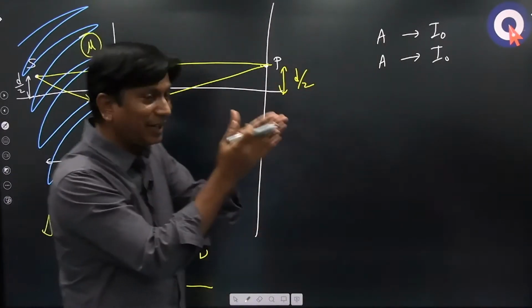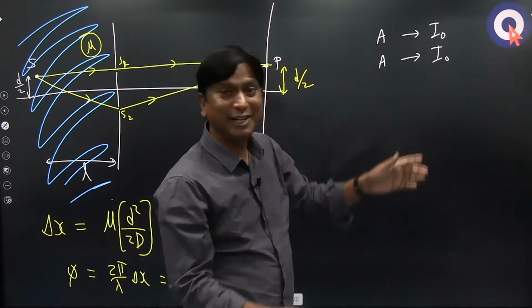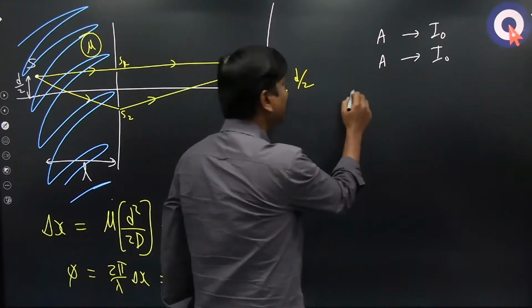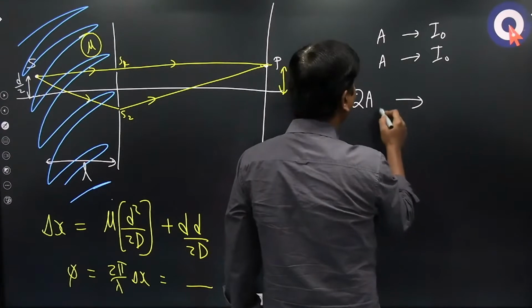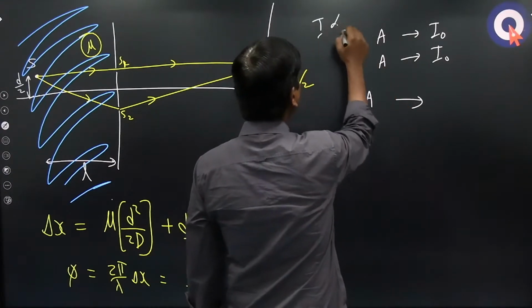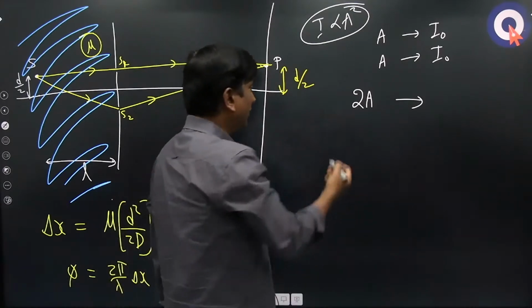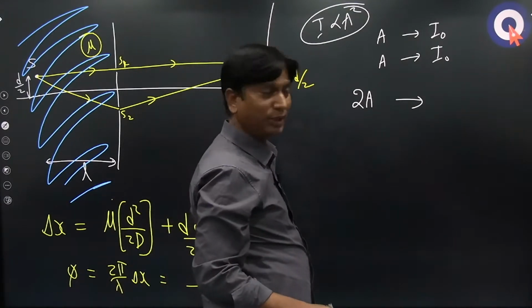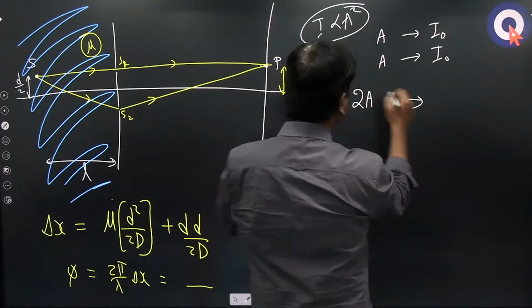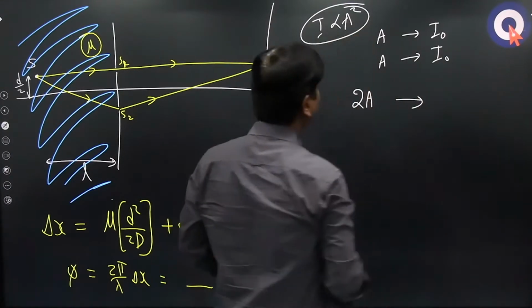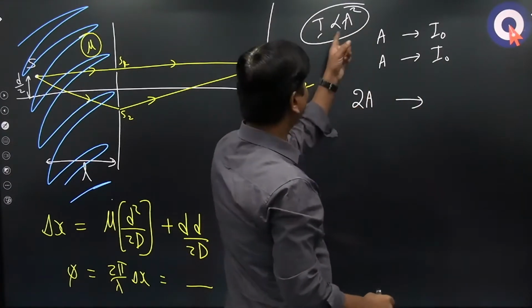If both of them are in the same phase, A and A in the same direction, you will get the resultant as 2A. Because intensity is directly proportional to A square, right or not? So for constructive interference the amplitude becomes 2A. So 2A whole square: because the amplitude is doubled, the intensity becomes 4 times.